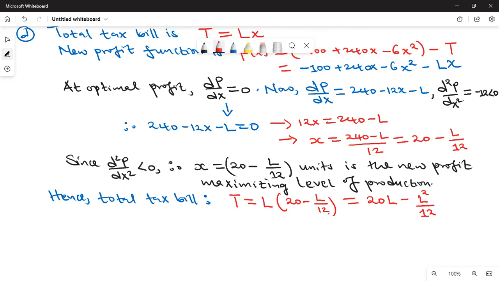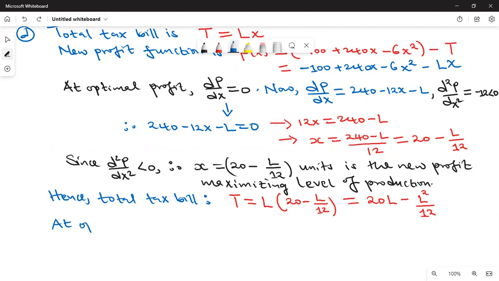So remember, even the government needs to maximize the tax bill. They need to get the maximum tax as much as possible. So we need to maximize T. So you can write that at optimal, let me use the word optimal because I'm not so sure whether what I'm going to get will give us the maximum tax.